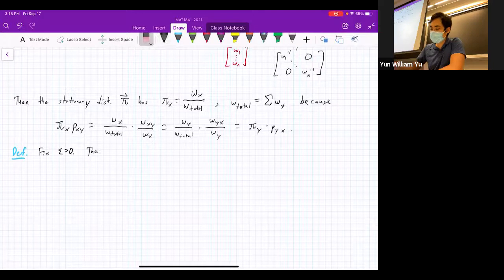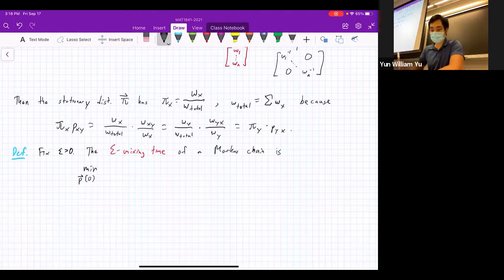The epsilon mixing time of a Markov chain, this is of any Markov chain, not necessarily one coming from the standard random walk on the undirected graph, is just going to be the minimum over all possible starting probability distributions of t, given that the average at time t of all the different probability vectors minus our stationary distribution, that distance in the one norm, is less than epsilon.